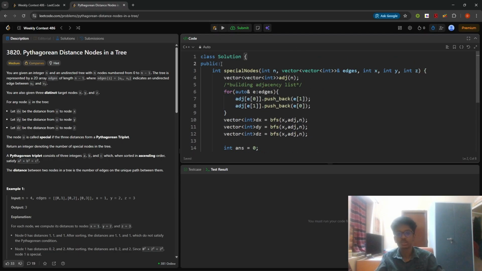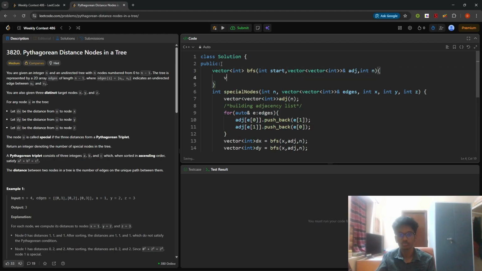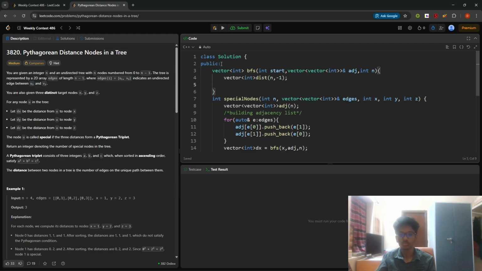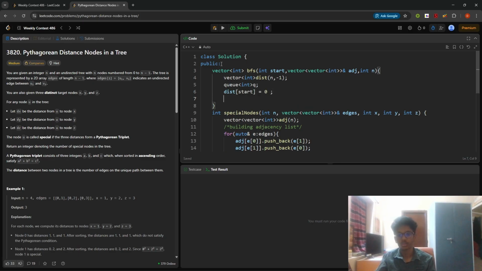Now, one more thing comes, the BFS logic. The BFS would basically return the distance array. Distance of start equal to 0, while the queue is not empty, let's continue the traversal.